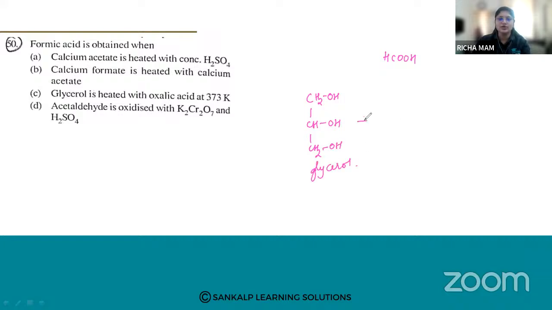If I react this glycerol with oxalic acid, this is my oxalic acid, at a temperature of 100 to 110 degrees Celsius, what will happen? There will be loss of a water molecule, H2O.